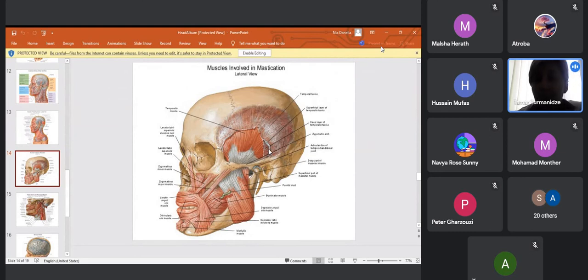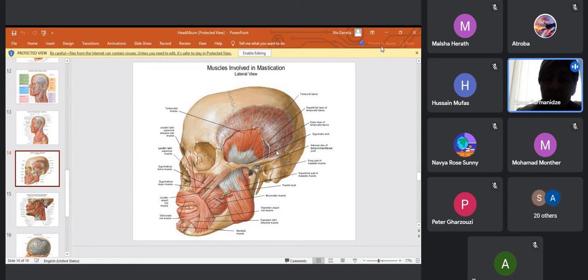So the first fat connective tissue space we have on this region is below the skin. The second fat connective tissue space is located between the layers of the temporalis fascia, which is a closed space. So if any inflammatory process spreads in this fat connective tissue layer, it is limited. It can't spread to other regions.